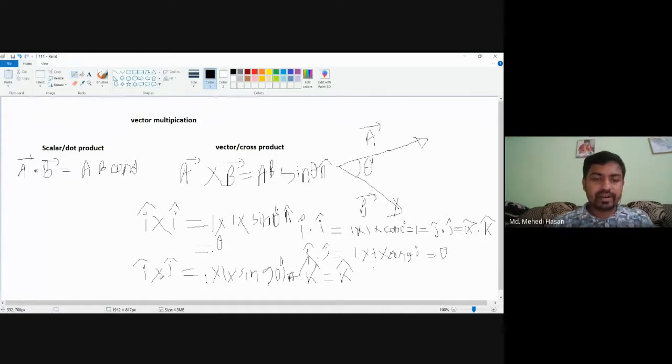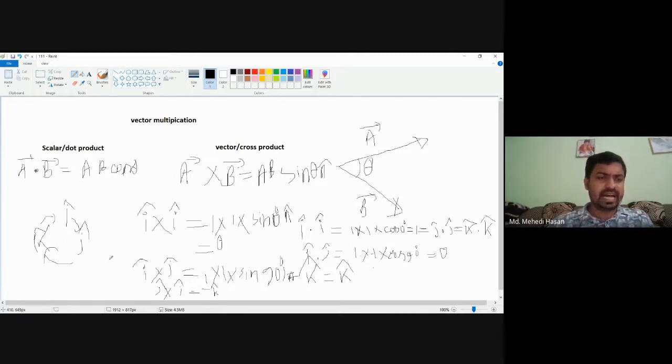And if you go in reverse, that means j cross i will be minus k. So a simple way to remember this is i, j, k. If you follow this circle, i to j, j to k, and k to i, then the cross product will be the remaining one.